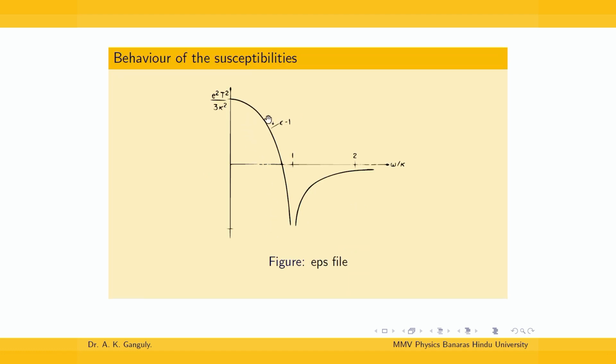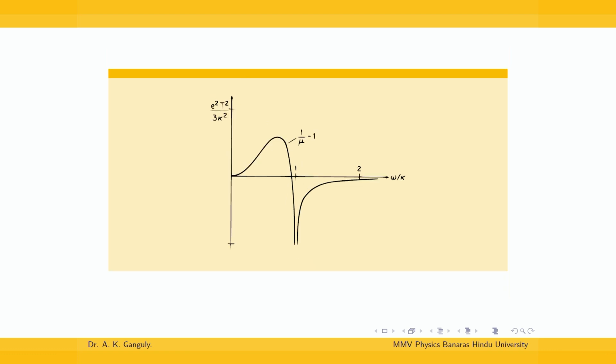Here we have plotted the factor epsilon minus 1 and its variations for different values of omega by k to show that there are regions for which pi t and pi l may behave non-trivially. So, the first diagram is related to pi l, and the second graph corresponds to the value of pi t.